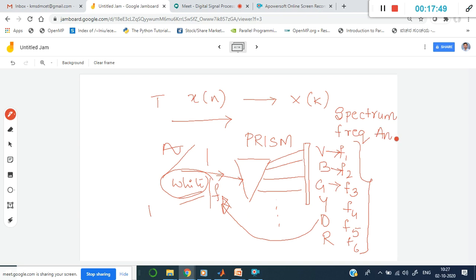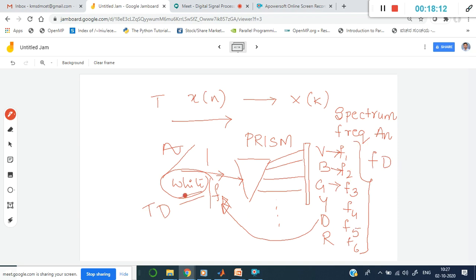Why do we perform this? I get to know which different frequency components are present in my white light. So this is actually the time domain, and this is what we call spectrum analysis or the frequency domain, right?